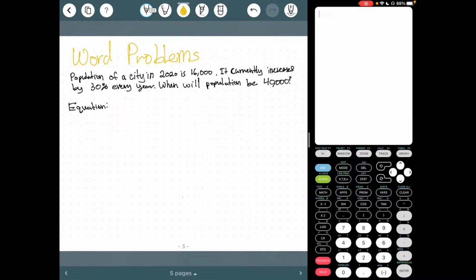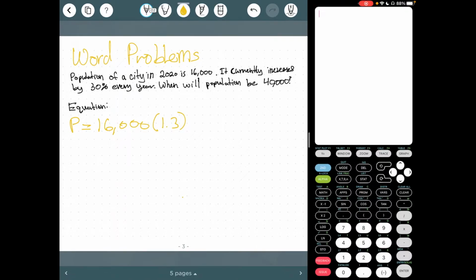Okay, so now we can apply this to word problems. So for the first one, the population of a city in 2020 is 16,000. It currently increases by 30% every year. When will the population be 40,000? So first, let's write a general equation for this problem. So the population of the city equals 16,000, which is the initial population in 2020, and it grows by 30% every year.